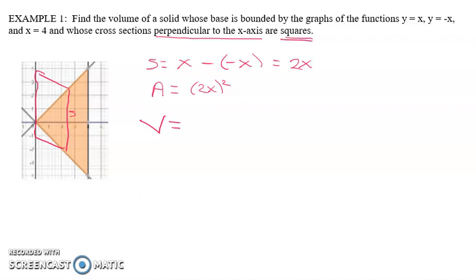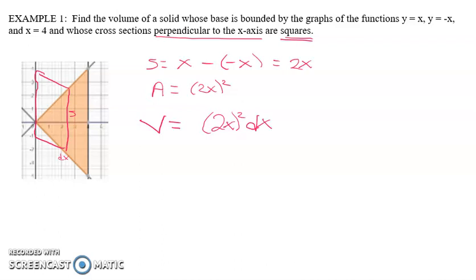Just like before, dx represents the change in x. So whatever the width is of that x, we're going to represent with dx. And so that kind of gives us the area times the width of that cross section.